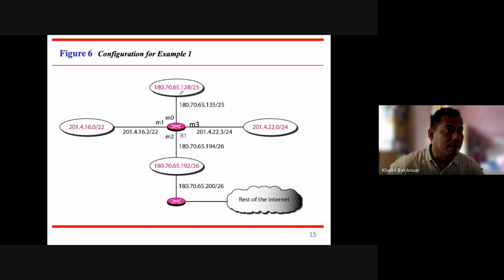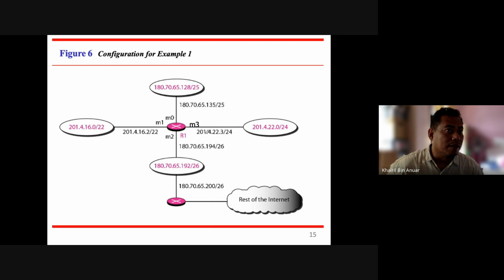For instance, here your network is 180.70.65.128/25, but the interface address used is 180.70.65.135/25. So this is the network address, and this is the specific host or port used to identify it. The interface over here is M0.